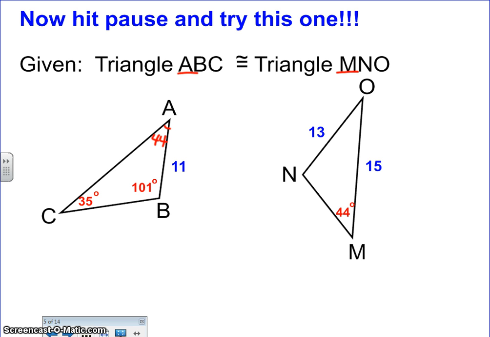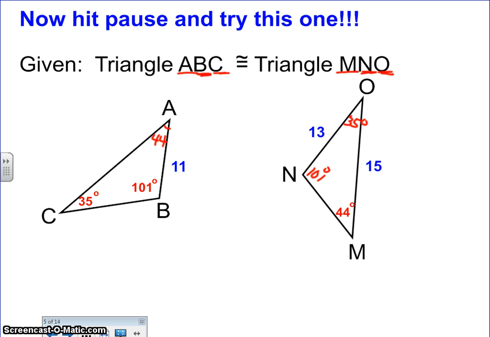I know that B is going to match up with N. B is 101, so N has to be 101. And by process of elimination, we now know that C is going to match O. Since C was 35 degrees, then O is going to be 35 degrees.